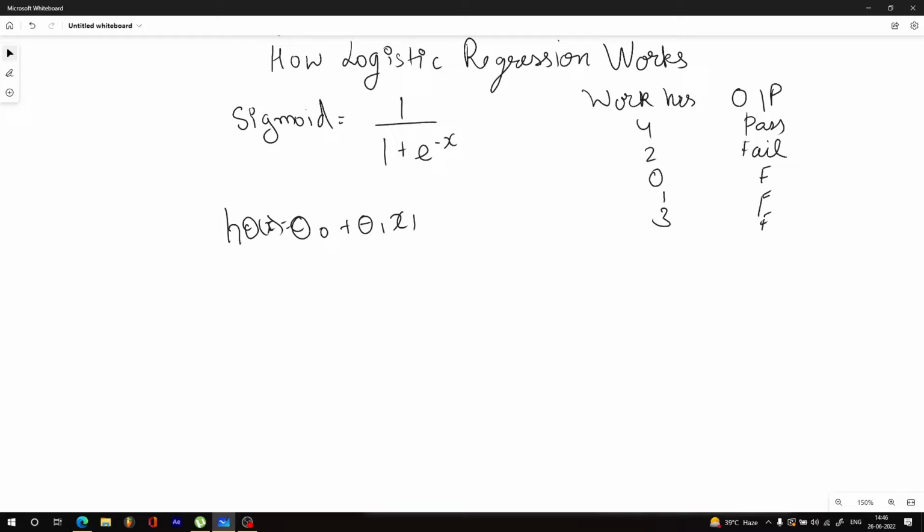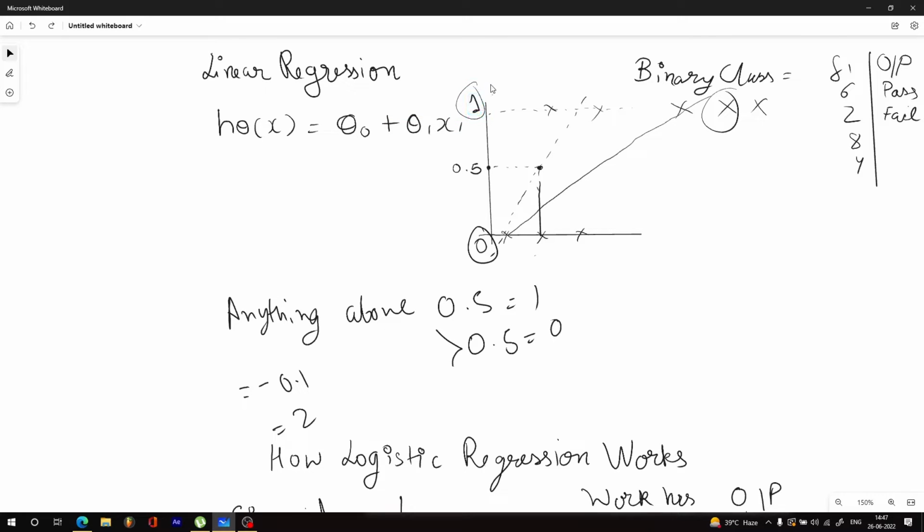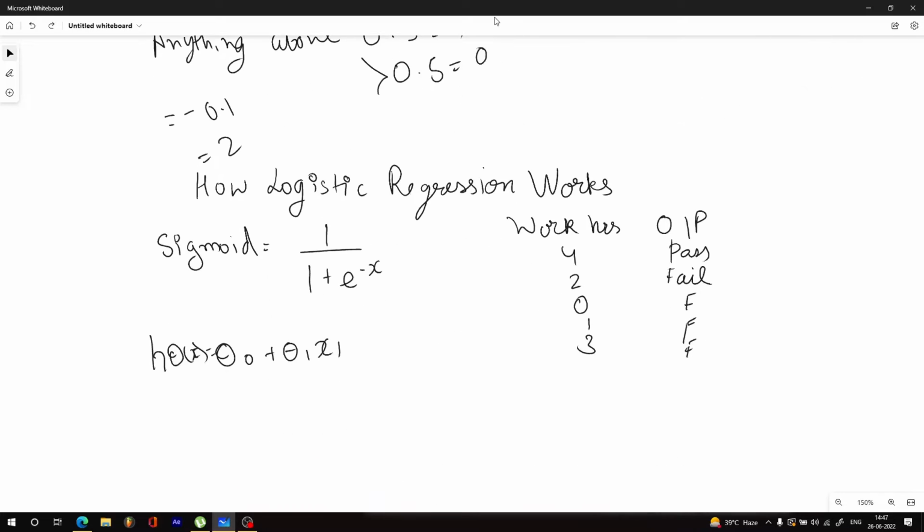Now we are just going to wrap this with the sigmoid function. Why are we wrapping this? Because, as we saw above, if we get 0.7 as our value, we want it to be 1. So to do all this, we wrap the sigmoid function.